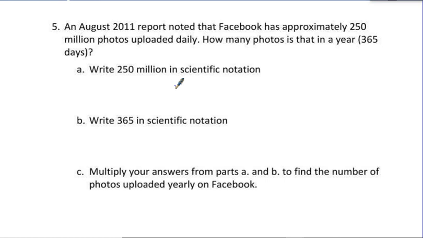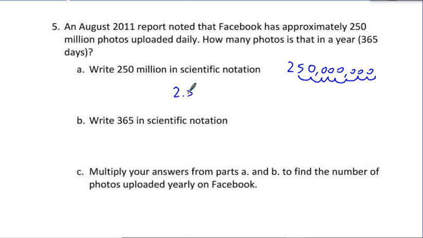We first need to make our numbers a little bit more manageable, so we'll go scientific notation. 250 million. In scientific notation, we're going to move the decimal 1, 2, 3, 4, 5, 6, 7, 8 places.